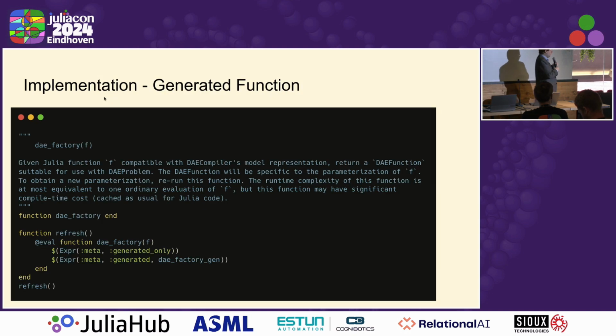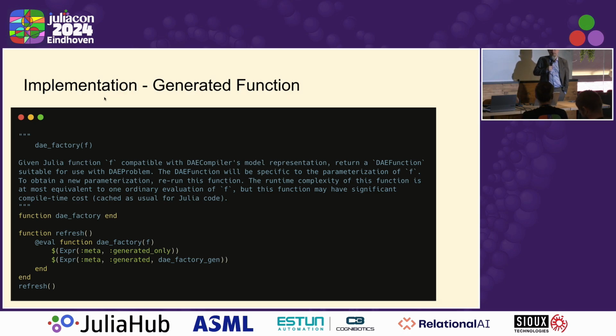So how is this implemented under the hood? As you might imagine, there's a generated function which does some magic. The details of how this is implemented are actually still in flux. This is sort of the whole topic of compiler plugins, and we're still fully working out how those interfaces work.